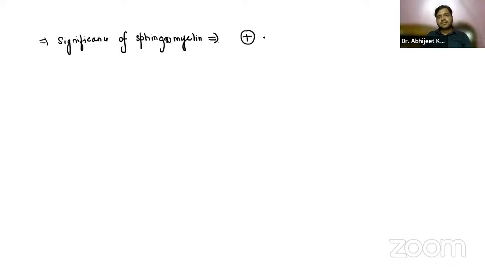Now remember, guys, it is present in the cell membrane. Important part. In the cell membrane, it is present in certain specialized structures called lipid rafts.